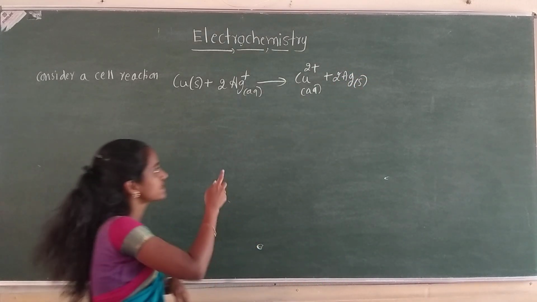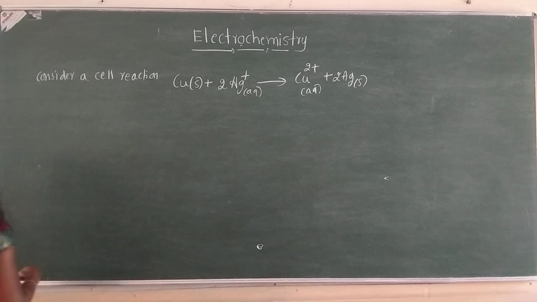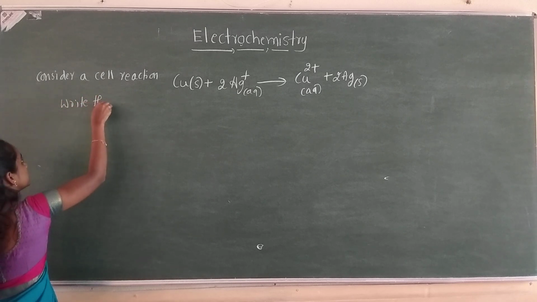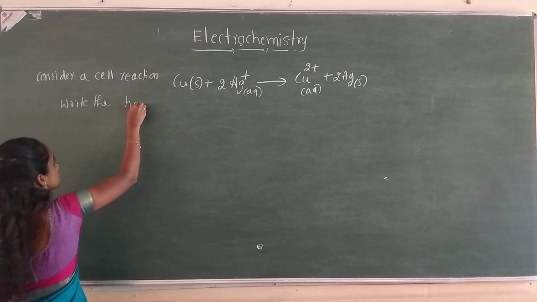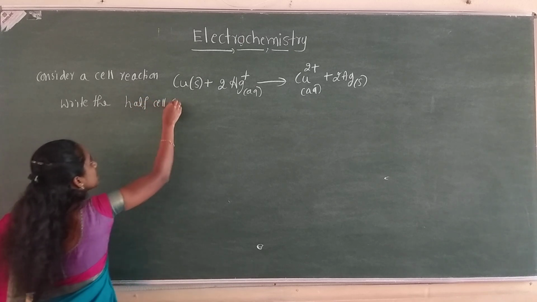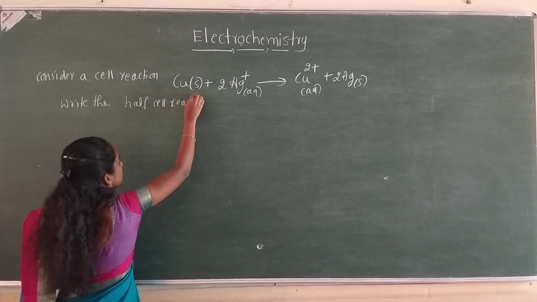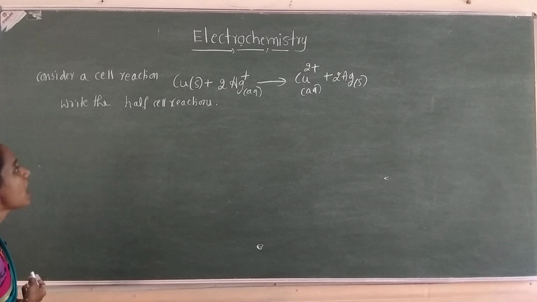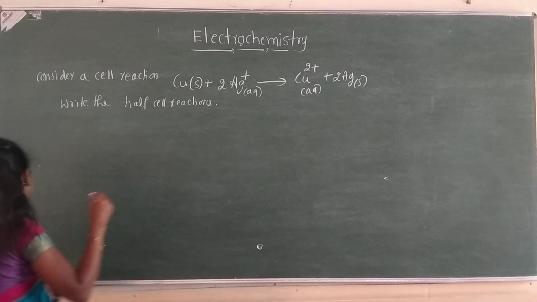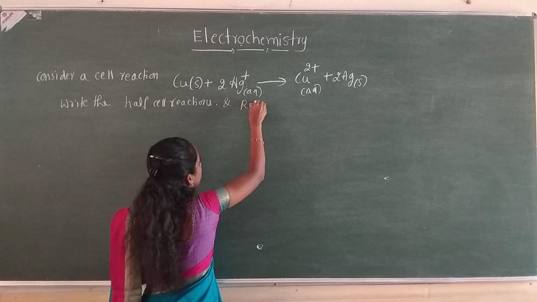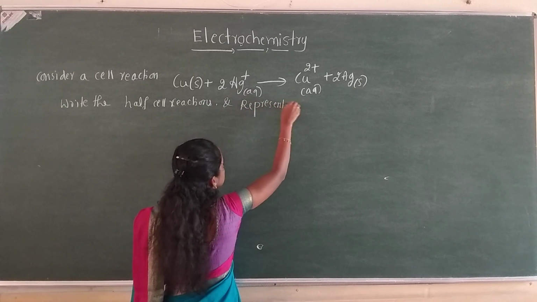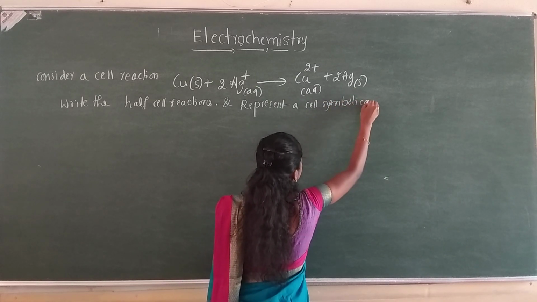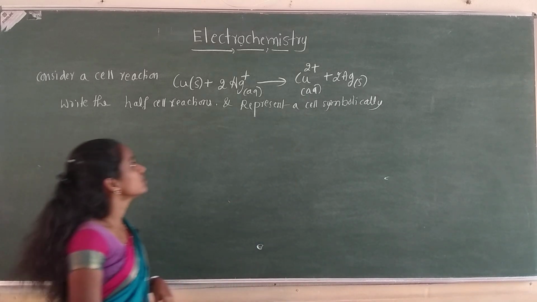This is a reaction, the cell reaction is already given. For this particular reaction, write the half cell reactions for the above cell reaction. You have to write the half cell reactions as well as represent the cell symbolically. This is the question you have to answer.